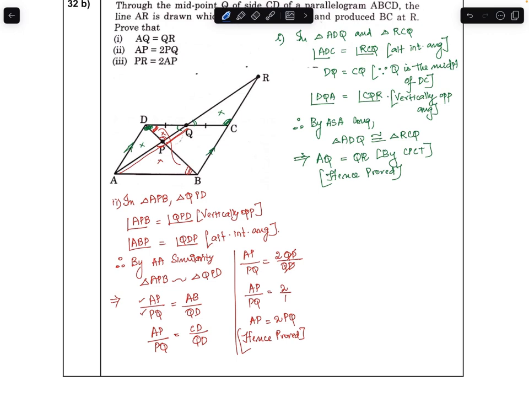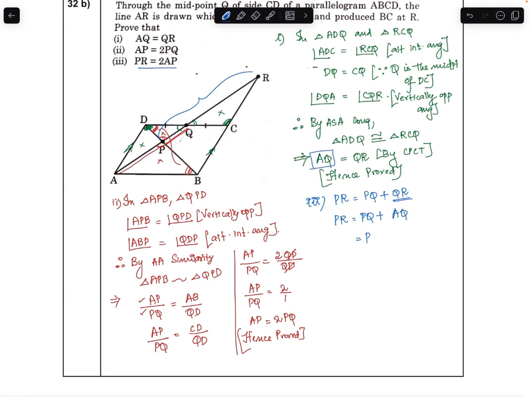The third statement to be proved is PR is equal to 2 times AP. That is, this distance PR can be written as the sum of PQ and QR. Let's retain PR as such. PR is equal to PQ plus, instead of QR, we can write AQ.